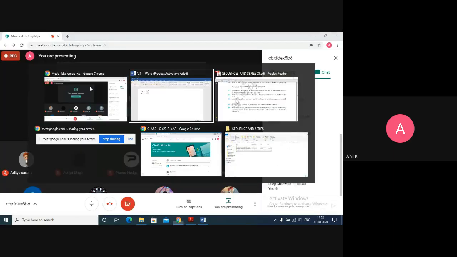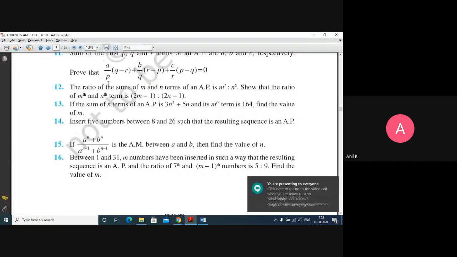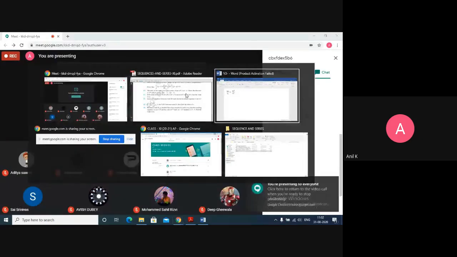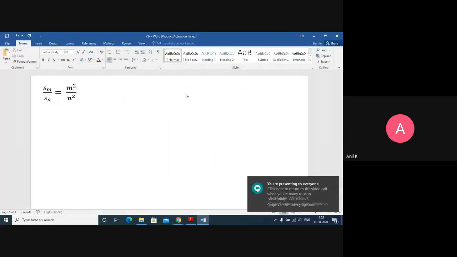We will cross it. The sum of m terms and n terms is m square upon n square. First let me see this one.